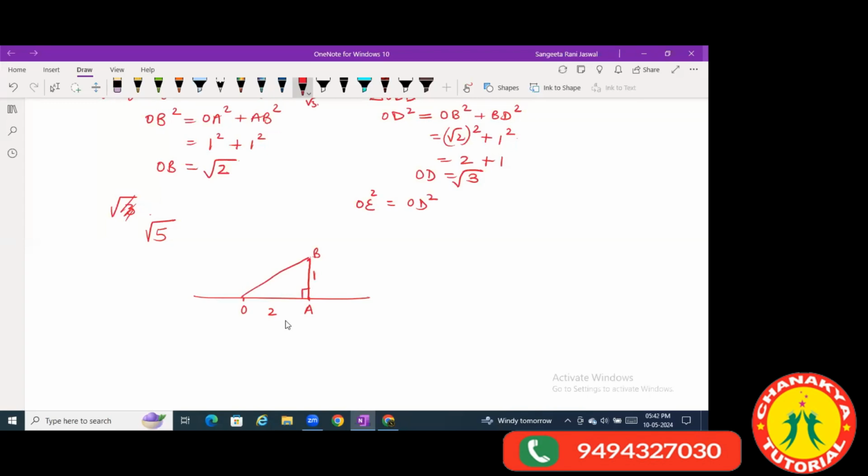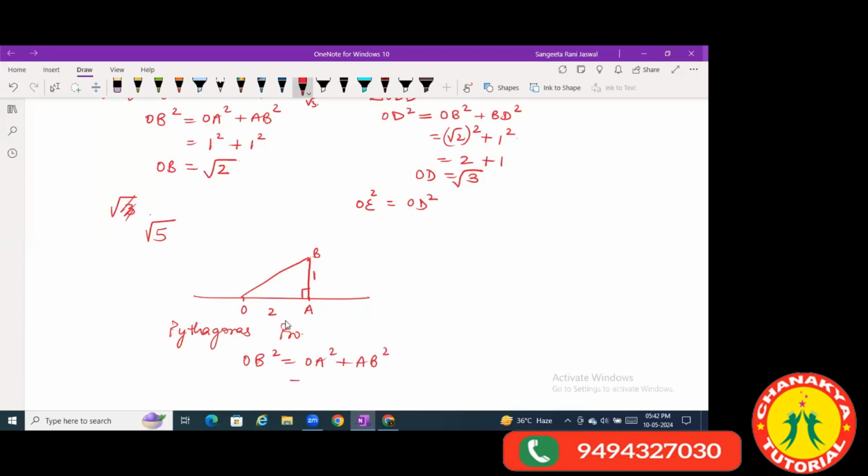So now by Pythagoras property, please always write this Pythagoras property. You have OB, which is now the hypotenuse. You can see that OAB is a right angle triangle now. OB square will be OA square plus AB square.